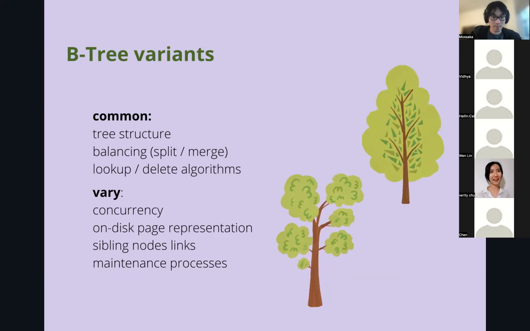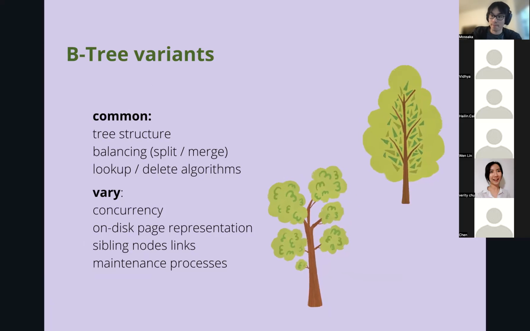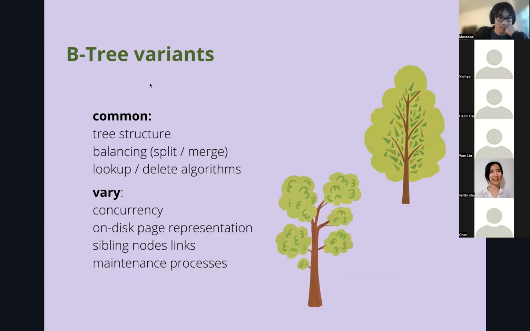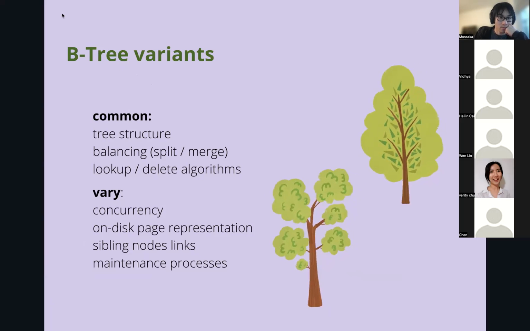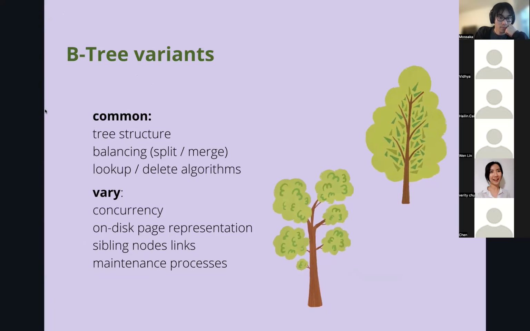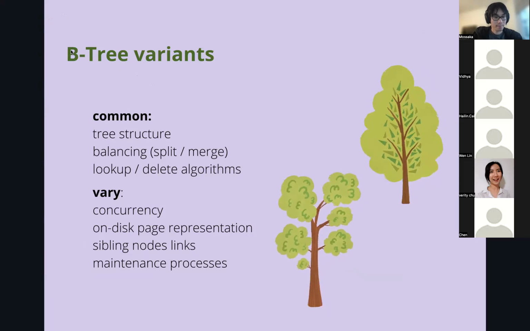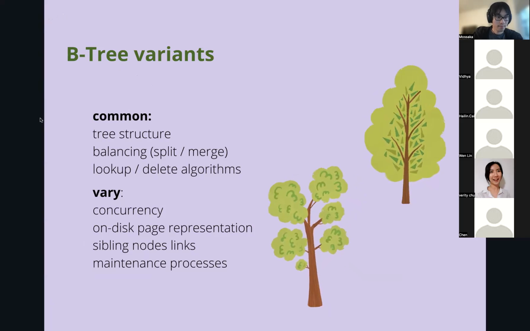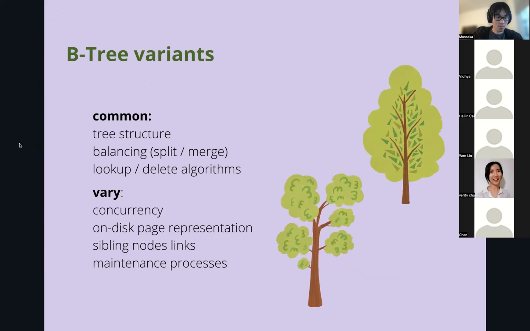So, we've been looking into quite some knowledge about B-trees so far, and we can see that although B-trees might have multiple different variants, there are a lot of things in common as well. What different kinds of B-trees have in common are the tree structures, the way they balance, which means split and merge, and also the lookup and deletion algorithms.